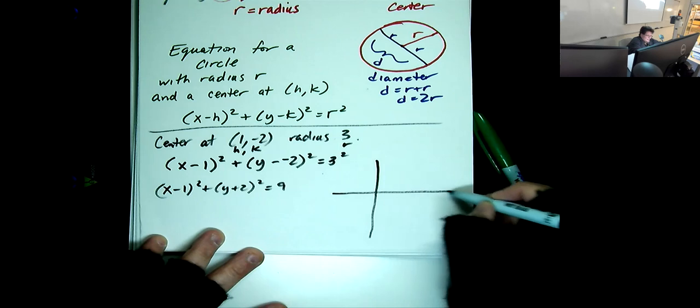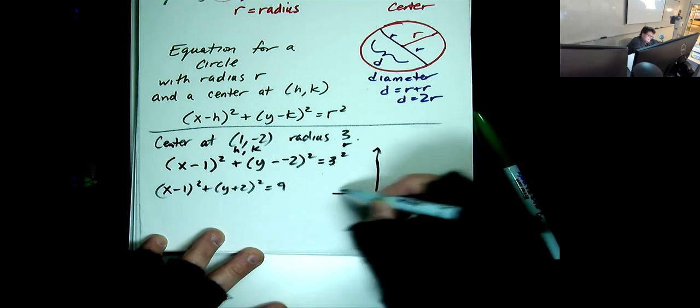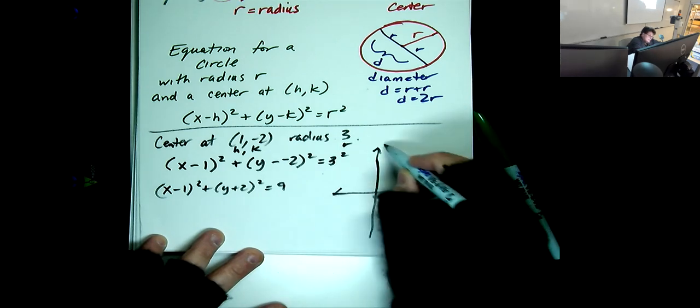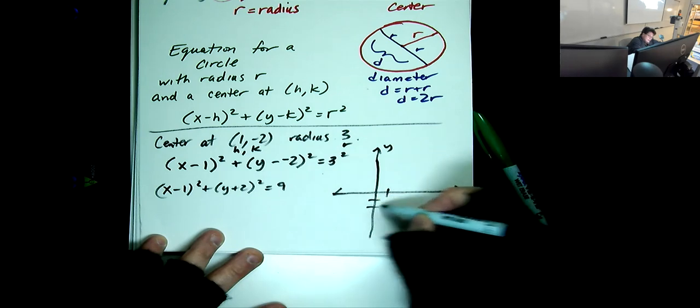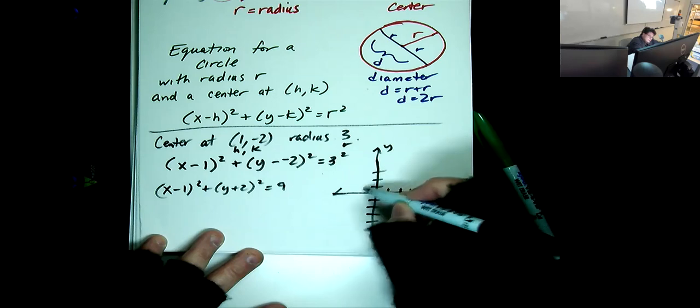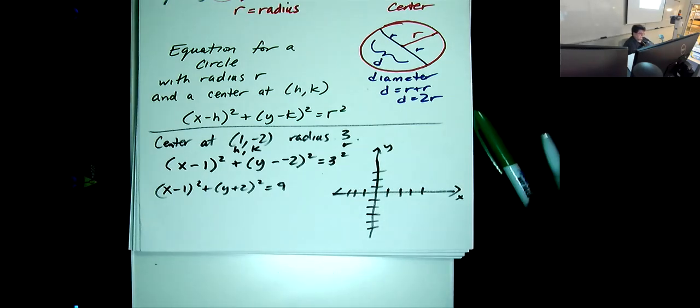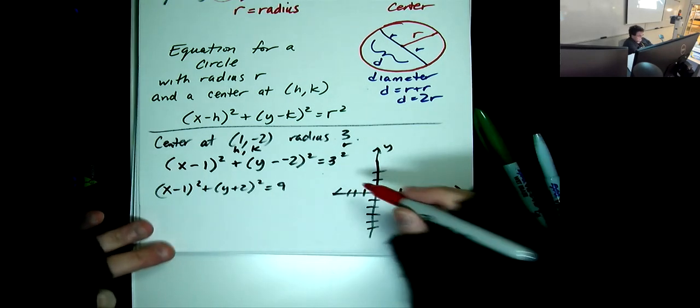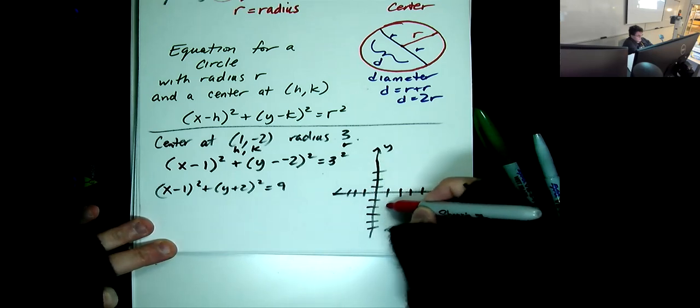The easiest way to graph this by hand: find the center, put a dot there. (1, -2) is right there.